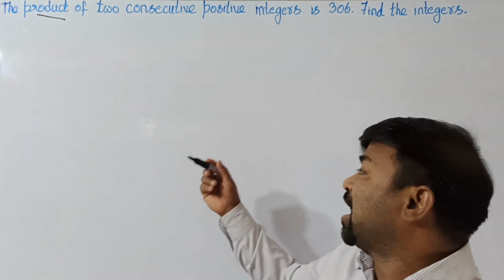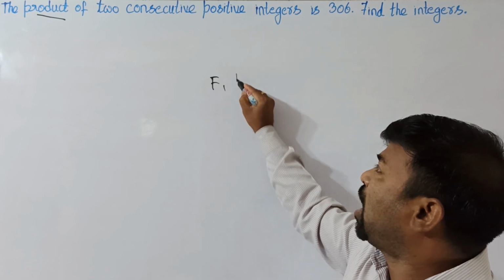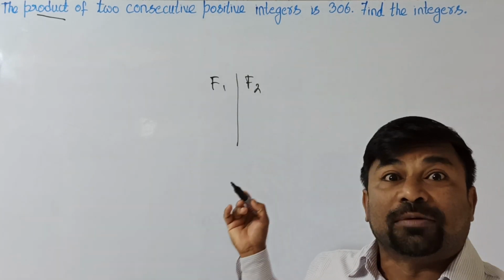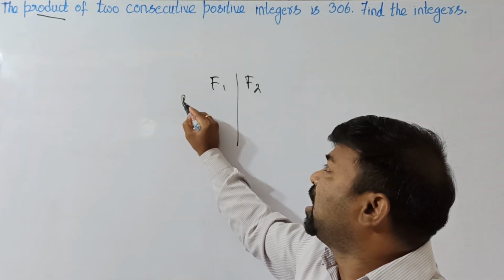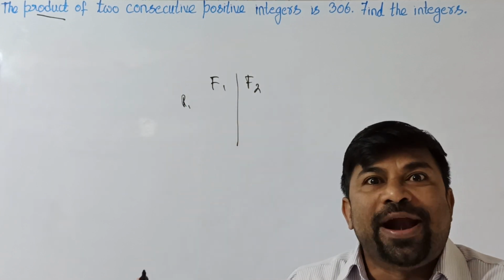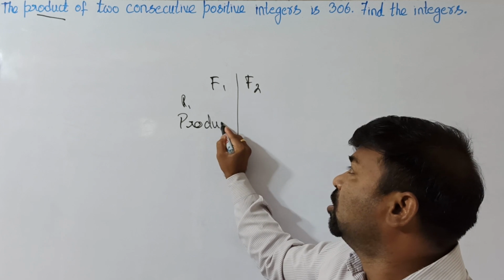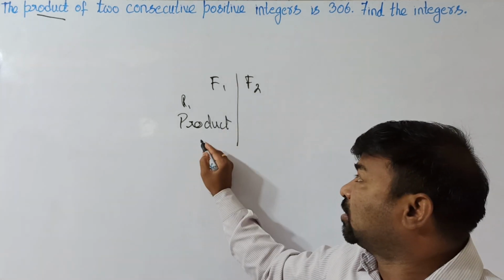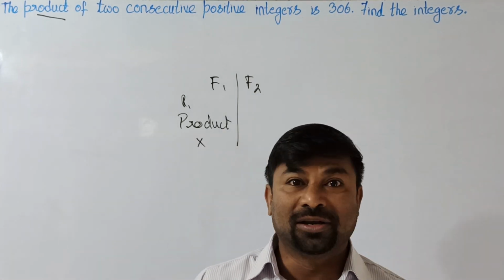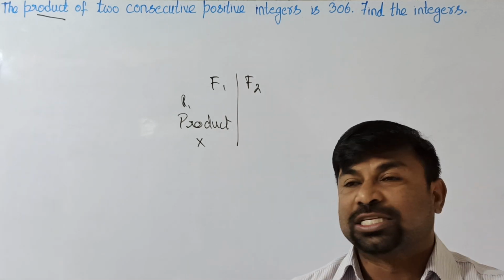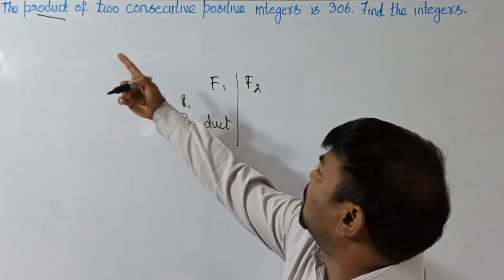As I said, we have two families, family 1 and family 2, to set up the relation. The first relation we got is in terms of product. The word he has used is product, so the relation is times. What is the second relation? Let's figure it out.